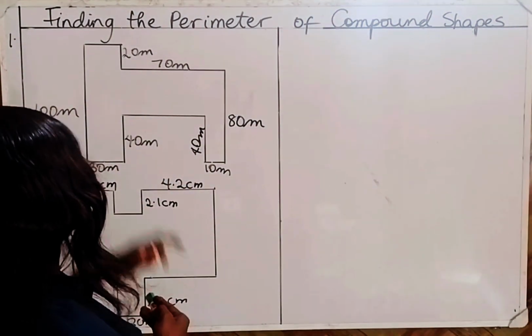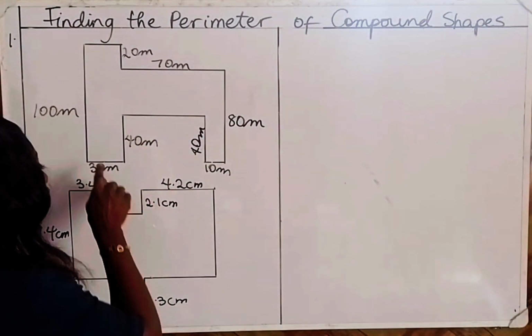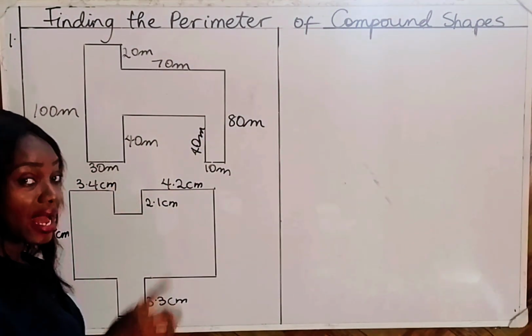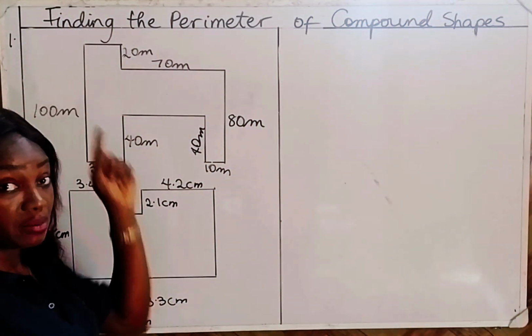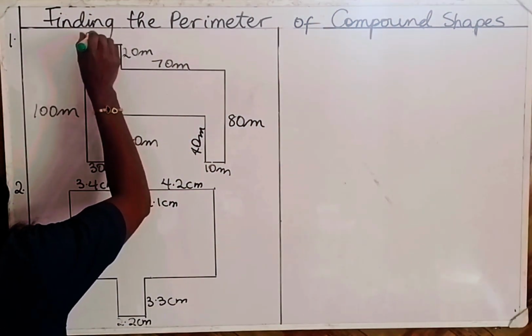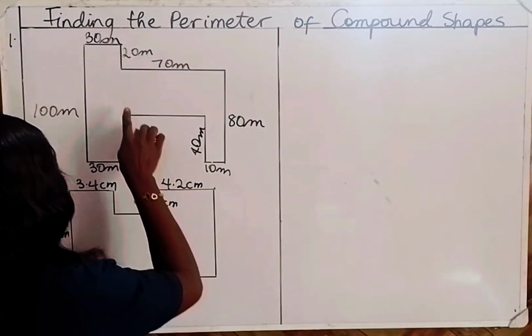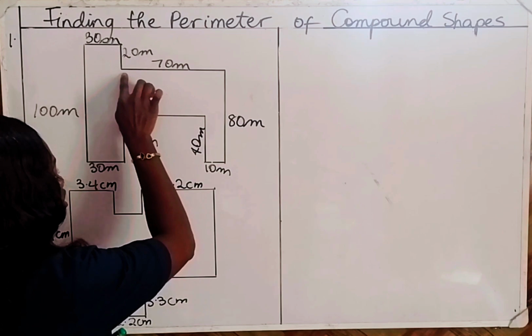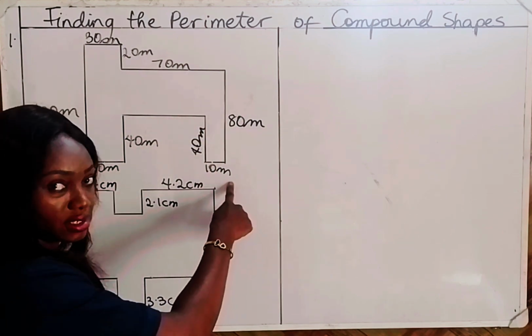But that's not all. We are yet to figure out this length and this length. If this length is 30 meters and is the same as this length, that means this length will automatically be 30 meters. Now, to figure out this length, we have the whole of this length to be 70 meters and this length to be 10 meters.